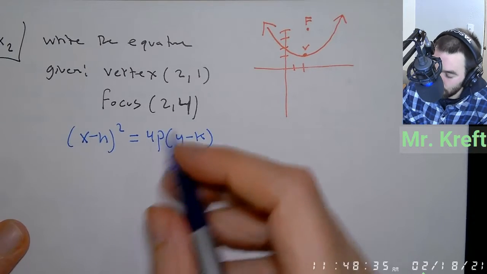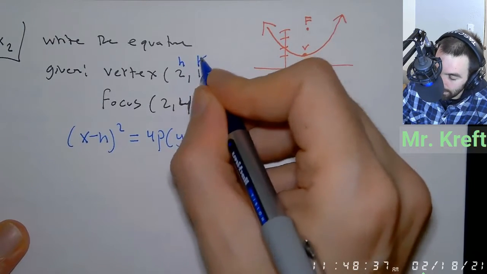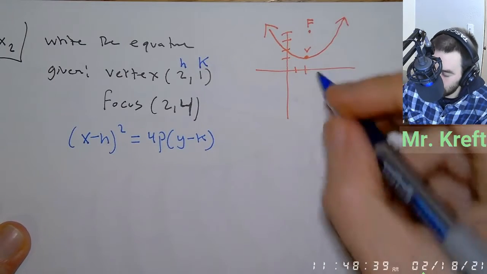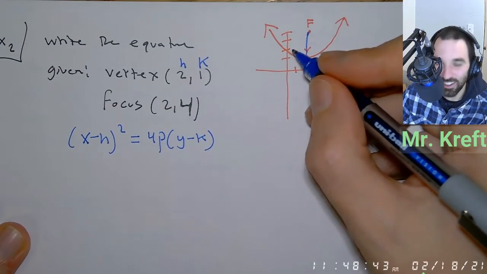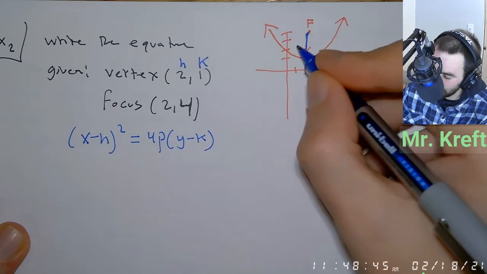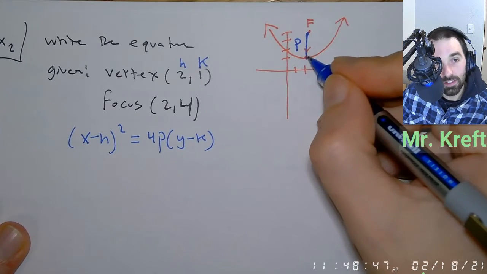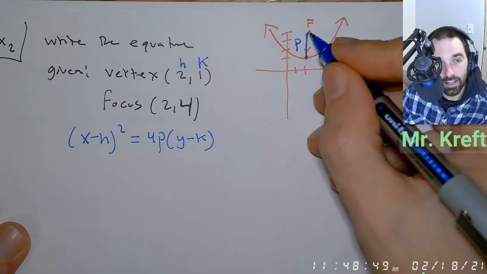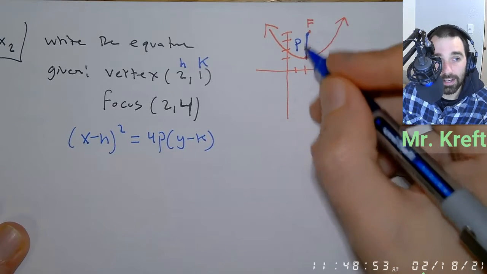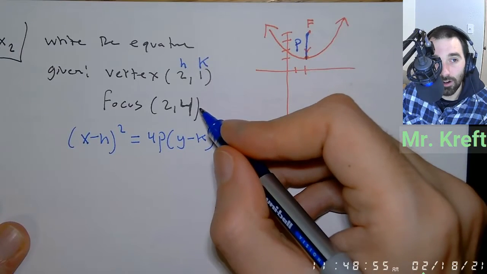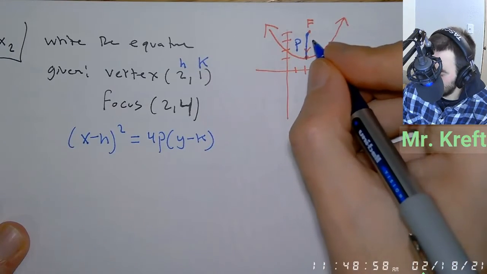Okay? So I have my vertex, so I have my h and my k, so we just need to find my p. To find my p, that's going to be the distance between my vertex and my focal point. So I can see that's my y. If I start at 1, how far is it to 4? That's going to be 3.